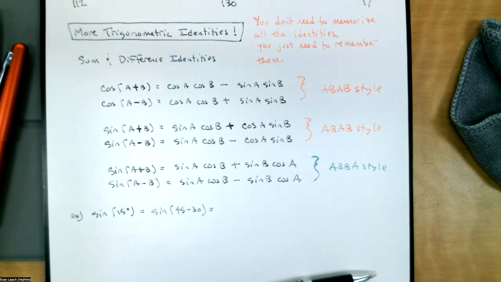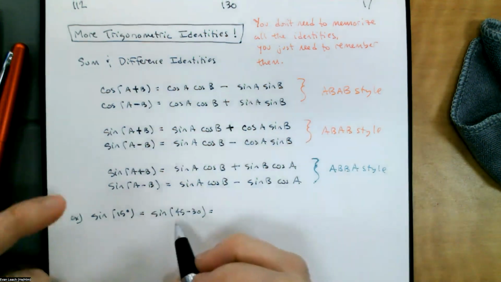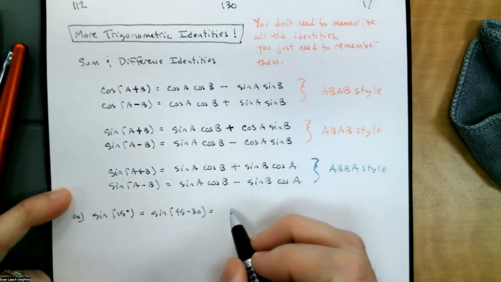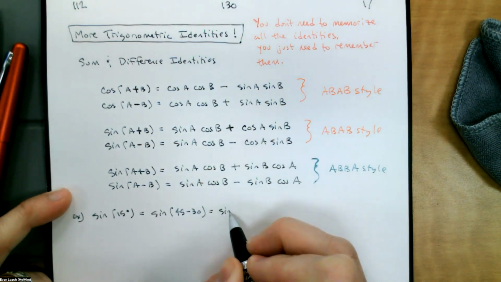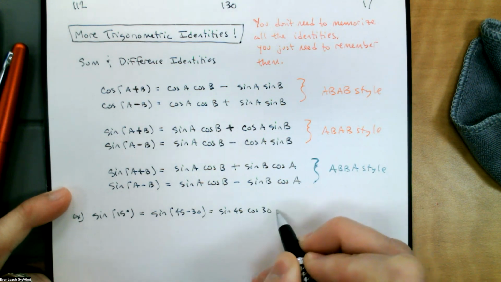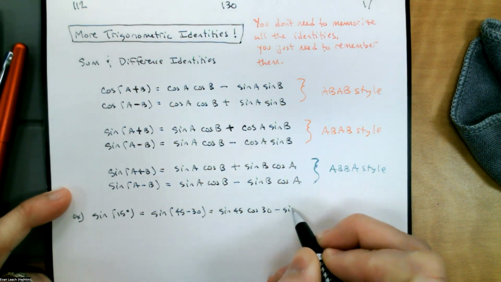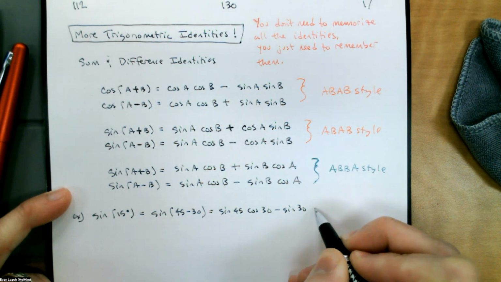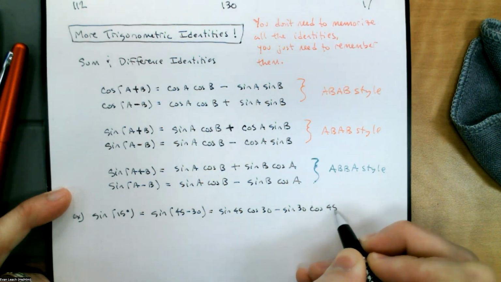So we can write the thing that we don't know in terms of things that we do know. I know sine and cosine of 45 and 30. So I can use my difference angle identity for sine and say this is the sine of 45 times the cosine of 30 minus the sine of 30 times the cosine of 45.